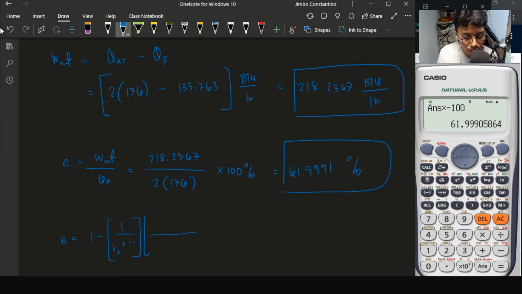Pag nasa taas, RC to the k minus 1; nasa baba, RC minus 1. Nasa taas, k; nasa baba, k. Tapos, lagyan natin ng RP. Tapos, RP minus 1.